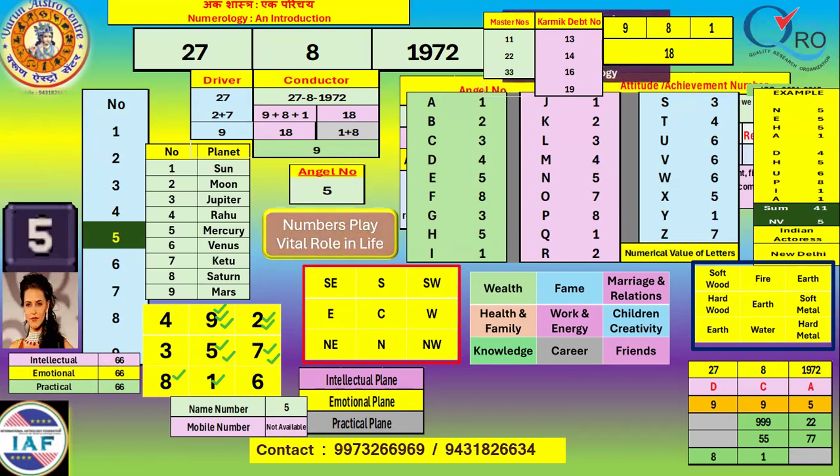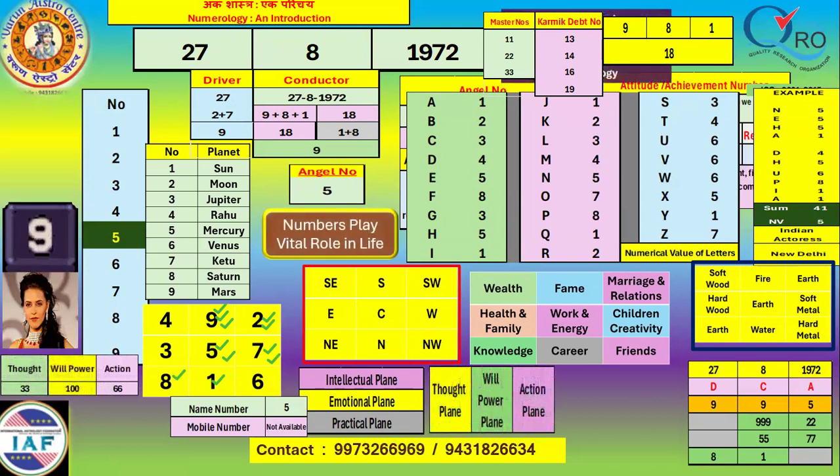Two boxes are filled in, and practical plane consisting of the bottom horizontal line, 816. So two boxes are filled in here. It is also 66%. The intellectual plane, emotional plane, practical plane 66%. Thought plane, you will see it is only 33%. Willpower plane 100%. Action plane 66%.